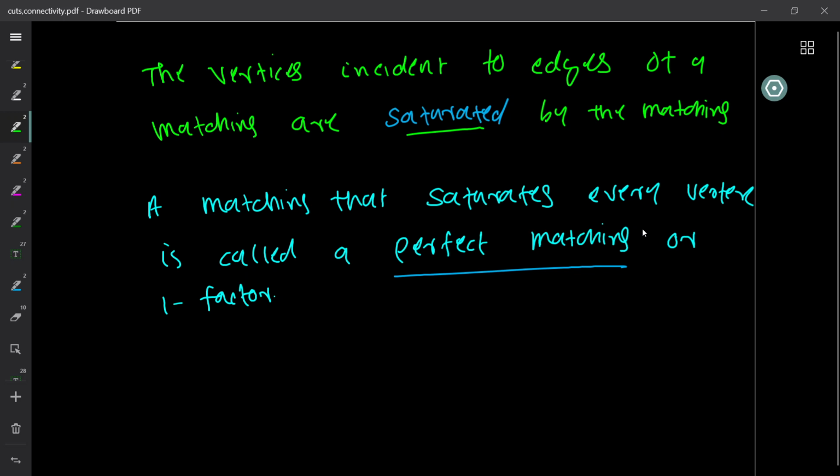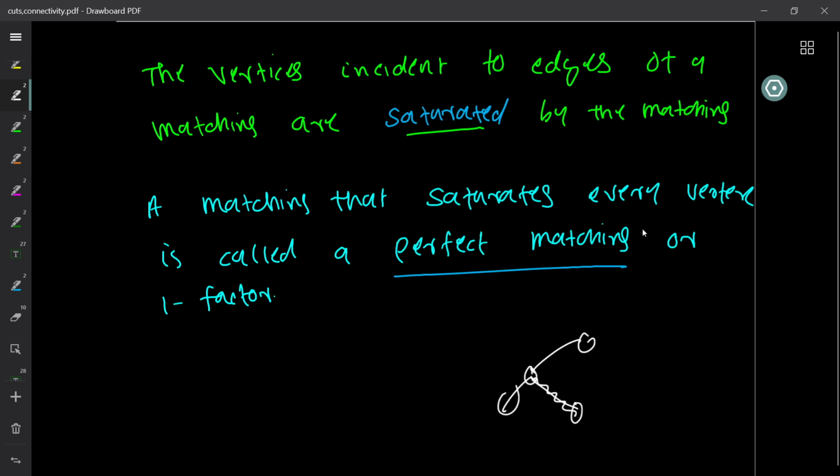But it is not necessary that if the number of vertices is even, you will have a perfect matching, because one can have something like this: there is an even number of vertices, but there is only one edge that you can choose. It saturates only these two vertices, and the other vertices will remain unsaturated.